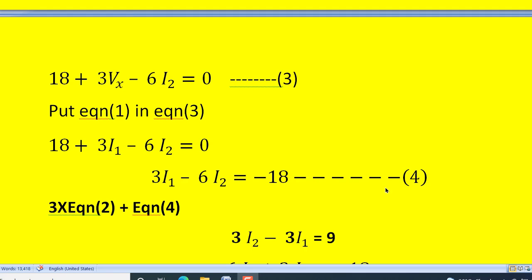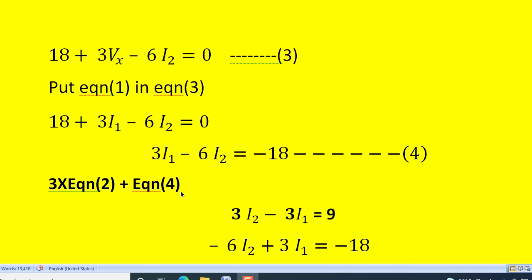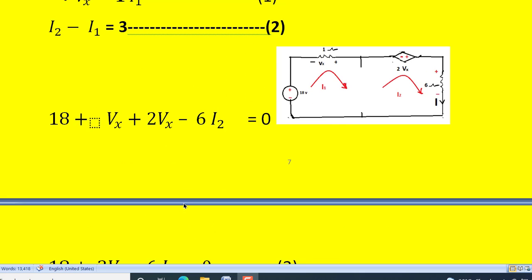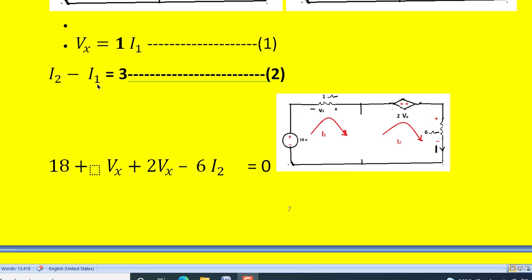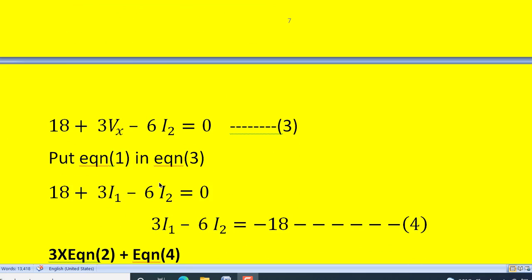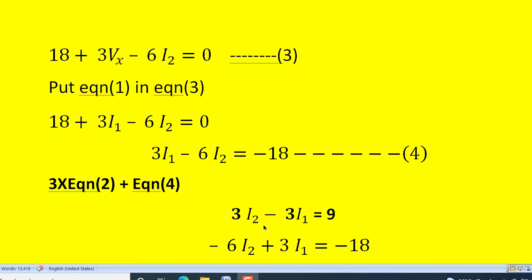So to simplify further, what we do is we multiply equation 2 with 3 and then we add equation 4. So once we multiply equation 2 with 3, that is, equation 2 means this I2 minus I1 is equal to 3. So we multiply that with 3, then we get 3I2 minus 3I1 is equal to 9. So then add the equation 4, that is this.